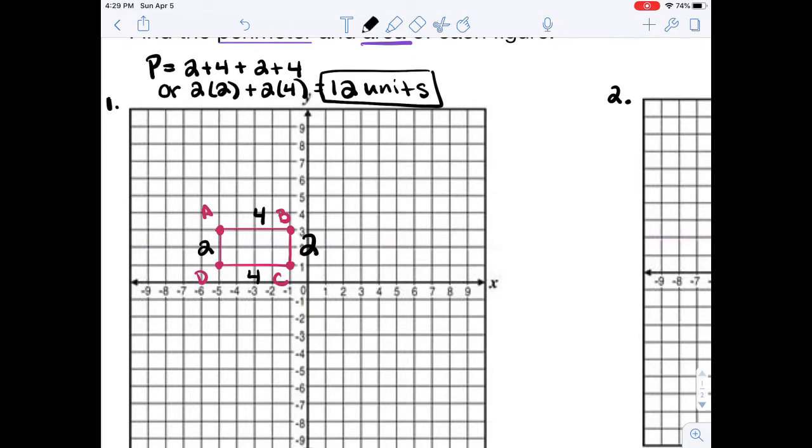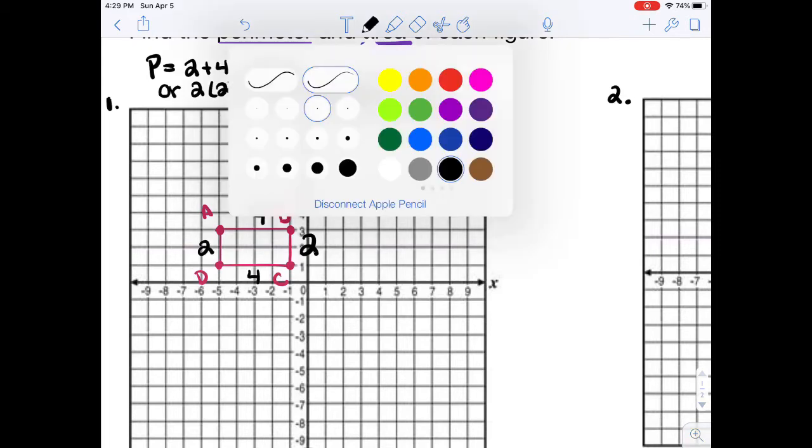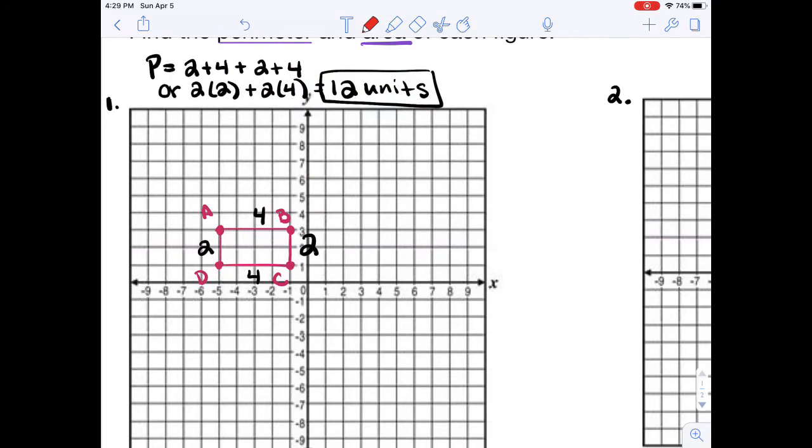Okay, so now let's talk about the area of this rectangle. Hopefully you remember how to calculate area. This formula goes for rectangles, squares, and parallelograms.